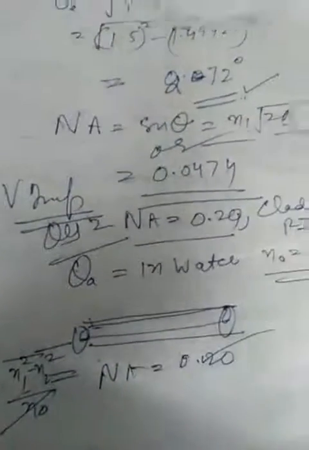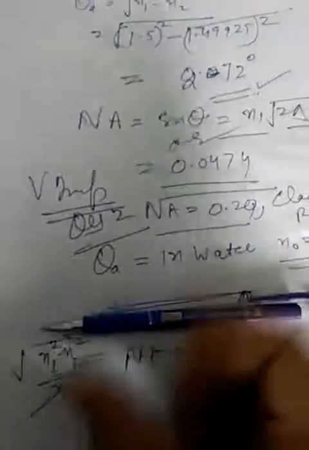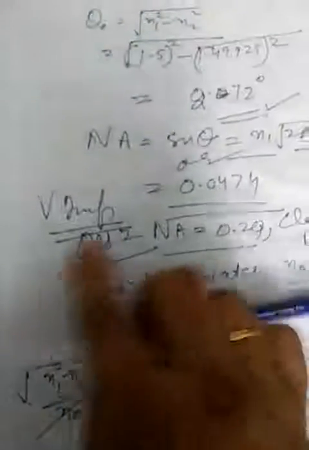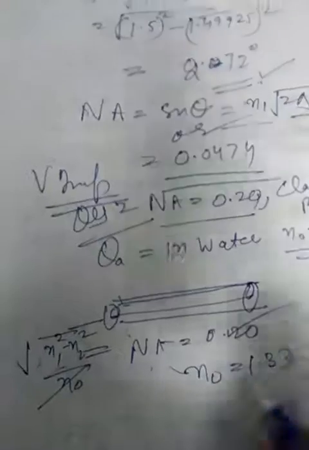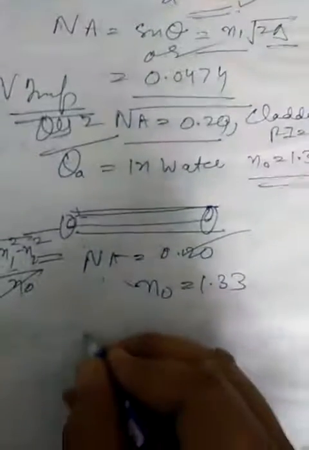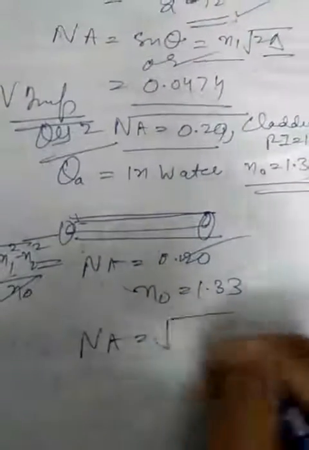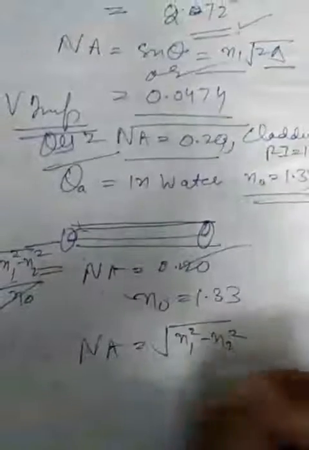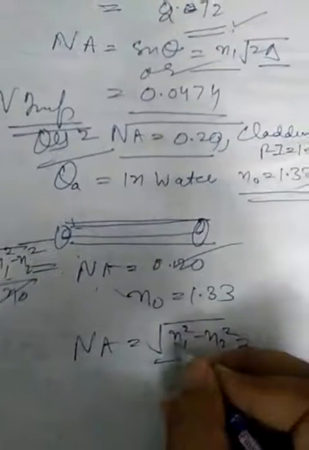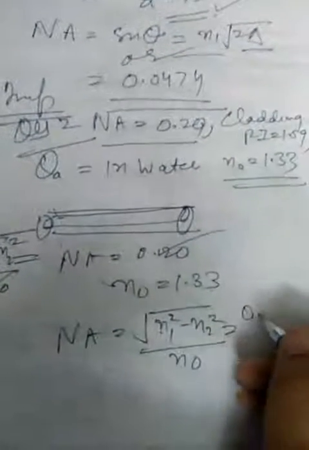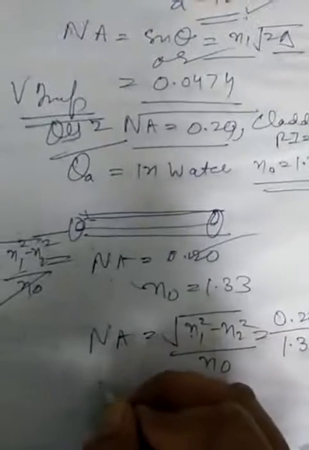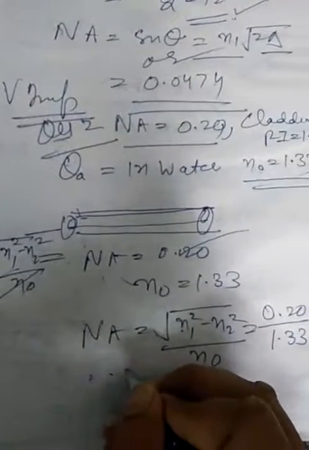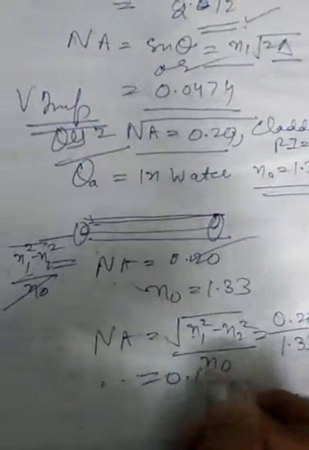Now when the fiber is placed in water, the medium around the fiber will be water, so in that case n0 will change to 1.33, and the numerical aperture will be equal to under root of n1 square minus n2 square upon n0. So n1 square minus n2 square value is already given, that is 0.20, and then 1.33. So this value comes out to be approximately 0.15.